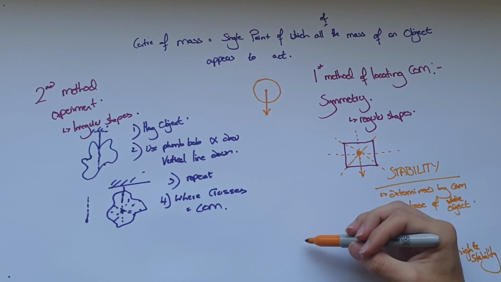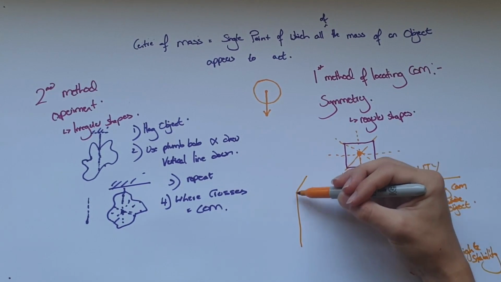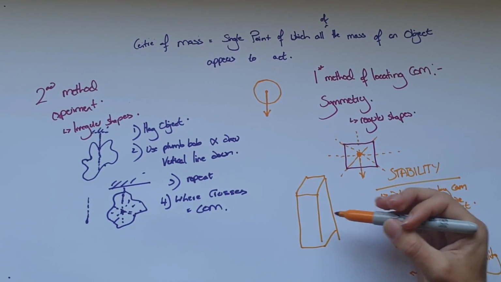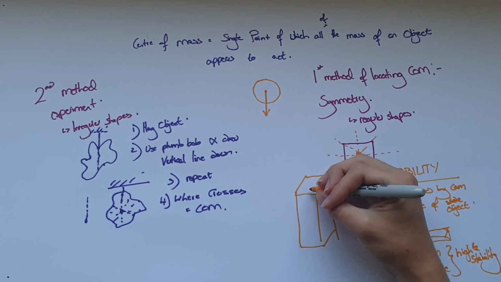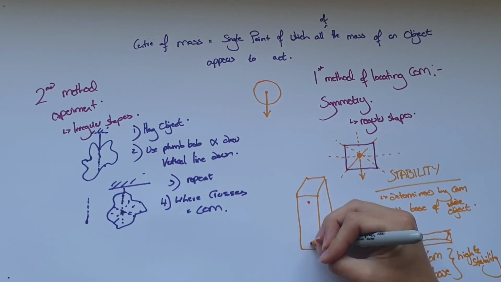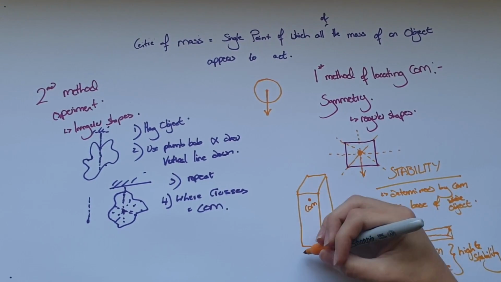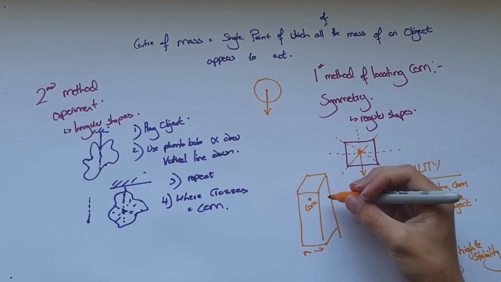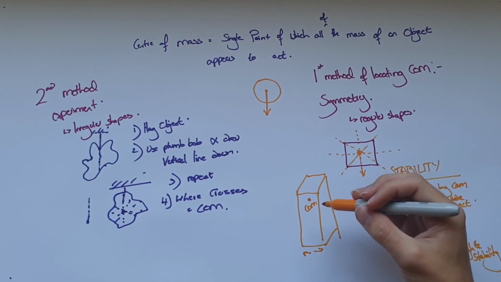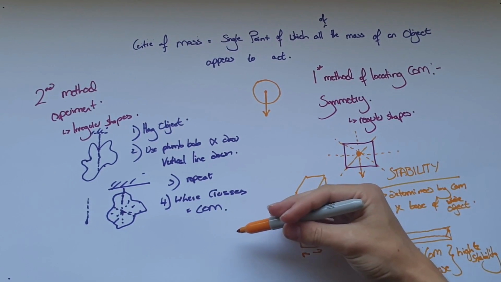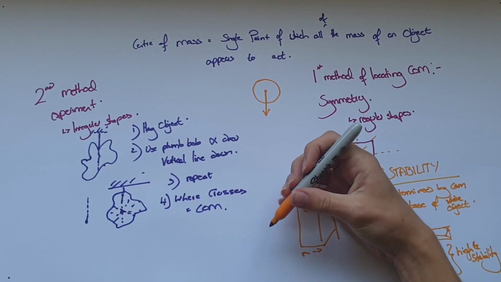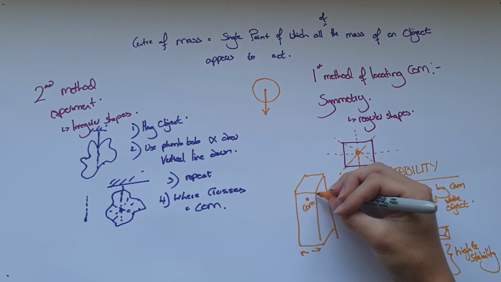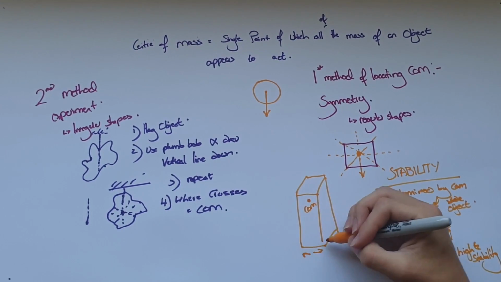However, if you have a really high object, something like a bookshelf, that has a really high centre of mass, which is about here, and acts downwards, and quite a small base, so it's not as wide as that, that's quite unstable. The reason for this is that things tend to topple when the centre of mass is outside of the base of the object.